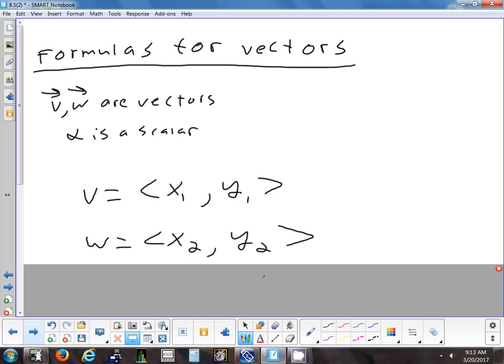If I wanted to write it the new way, I could put x1 i plus something j. That's how you write it in the new way. Something i plus something j.